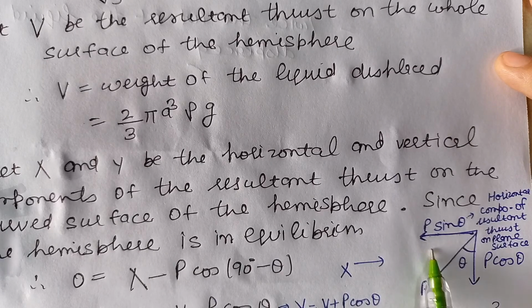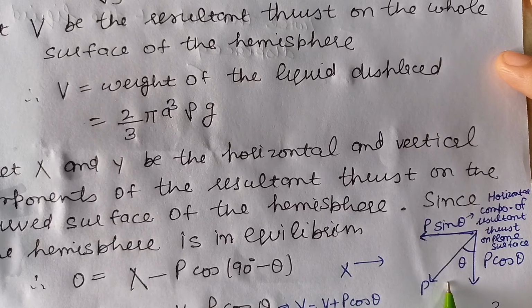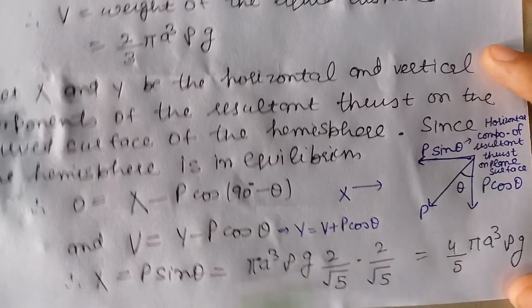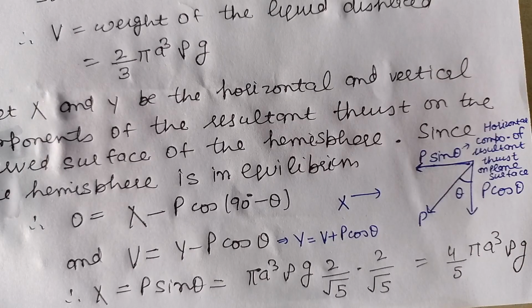Because P is the resultant thrust on the plane base and its horizontal component is P sine theta, X will be the same as P sine theta, and the vertical component Y is equal to V plus P cos theta.